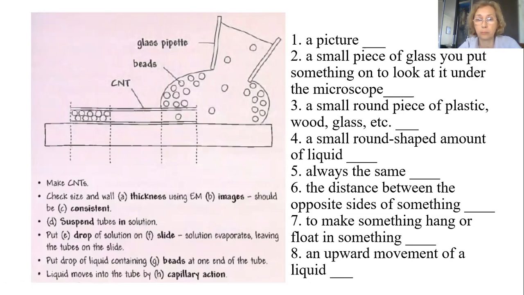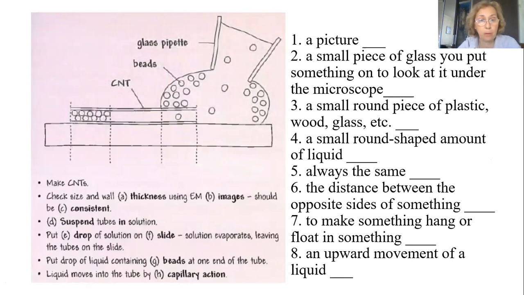Small round shaped amount liquid drop. Drop. Yes, this is drop. Капля. Well, Ardak, number 5. Always the same. Just a minute. Постоянный, да? Всегда один и тот же.